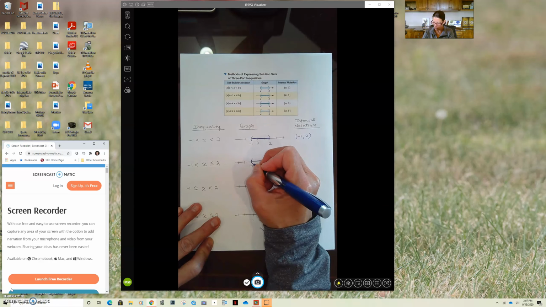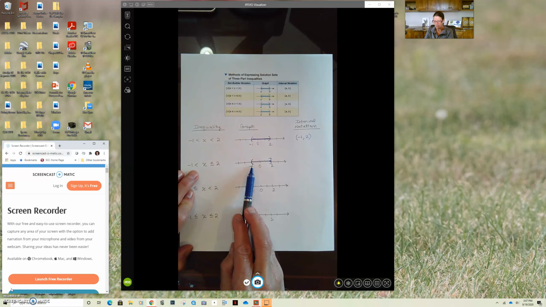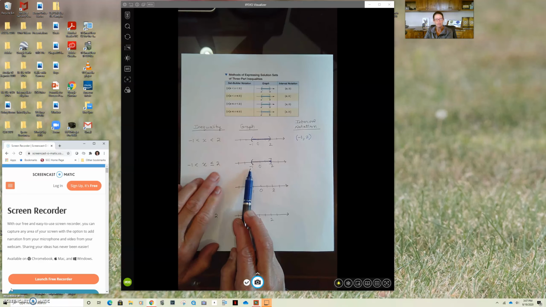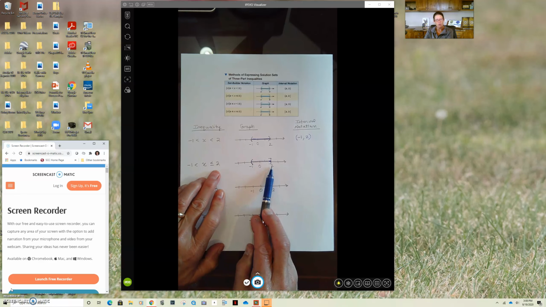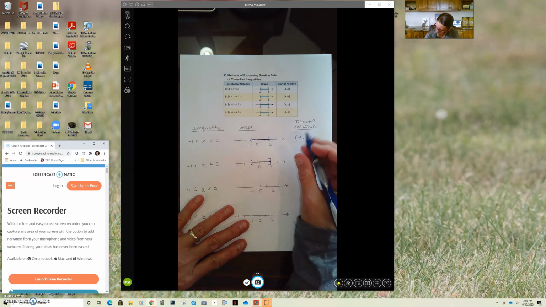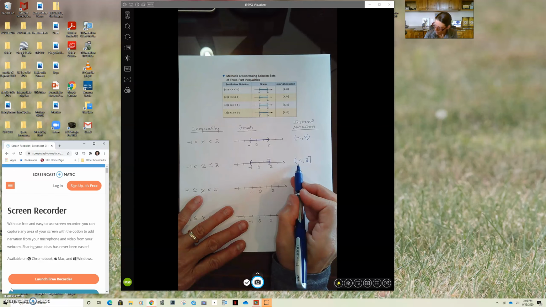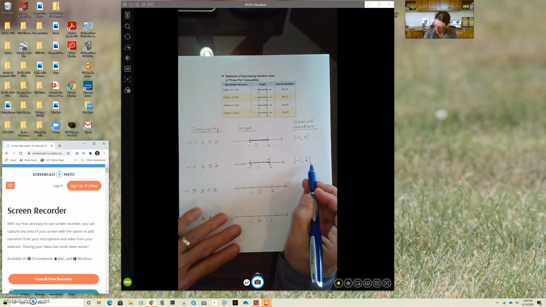So notice we'll use a parenthesis that corresponds to a strict inequality to show that endpoint is not included, and we'll use a bracket with the non-strict inequality, meaning a less than or equal to, showing that that endpoint is included. Your interval notation will match the graph. -1 to 2. -1 is not included, the 2 is included.